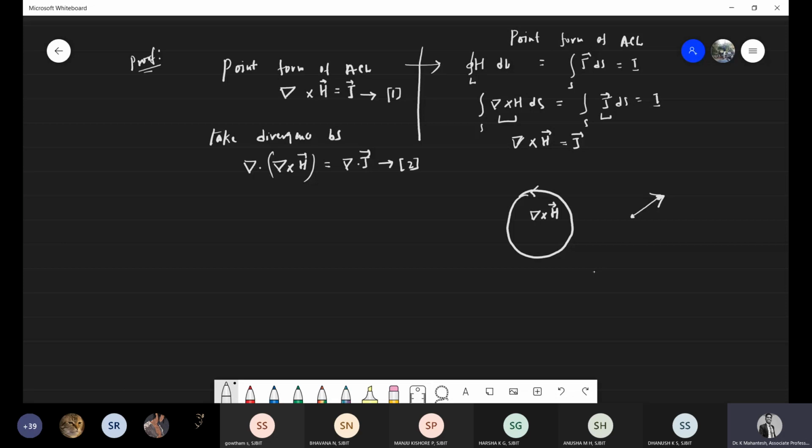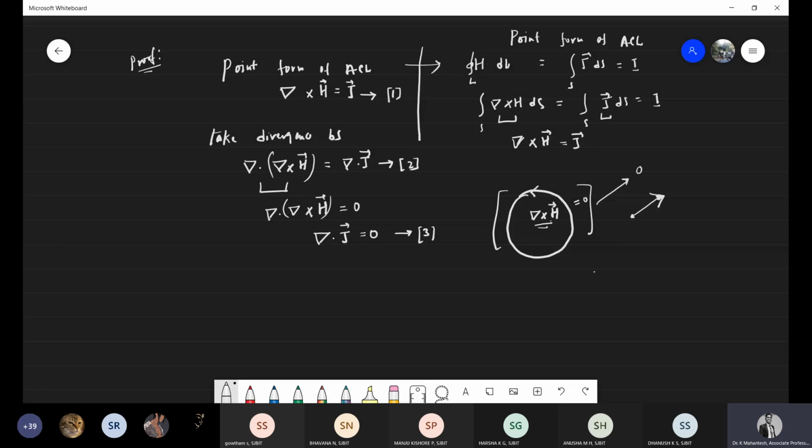Are you realizing this concept? What is divergence of this curl of H? This is 0, right? There is no divergence for this curl vector. So this quantity will be equal to 0. Since del dot curl of H is equal to 0, therefore del dot J is equal to 0. Call this as equation 3.